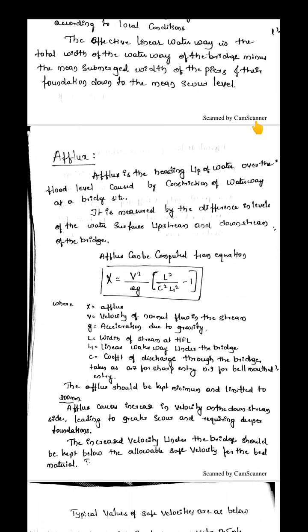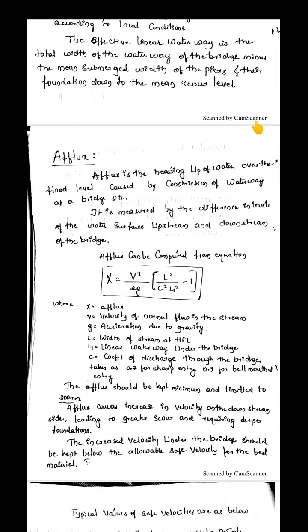Afflux is the difference in level or elevation between the water surface at the upstream and the water surface at the downstream. Clear? We should keep it to a maximum of 300 mm.